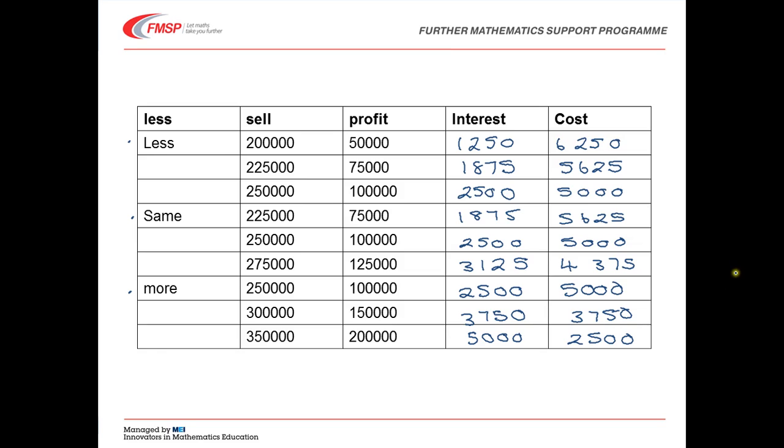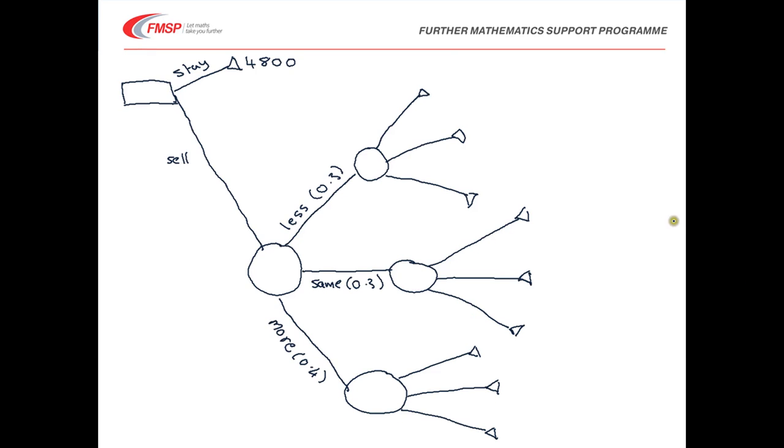So then we have to draw another probability tree. And here I started earlier, because they're a bit of a pain. So this time, decision node, stay, 4,800. That doesn't change. If he decides to sell, then there are three options.